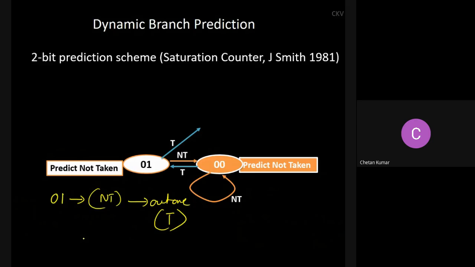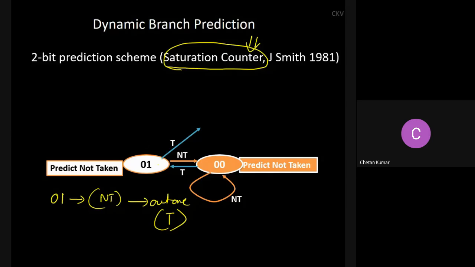So till this point, it will be the same for the two different schemes. I told you that there are two 2-bit prediction schemes. The difference will start coming here. One of the prediction schemes uses something called a saturation counter, and I'll tell you why this is called a saturation counter later.